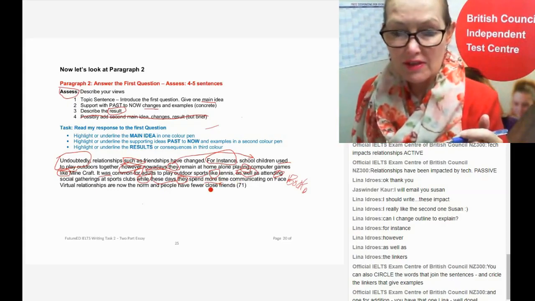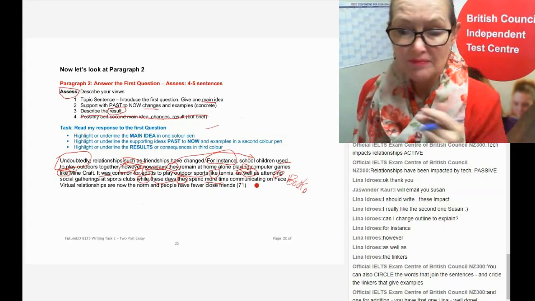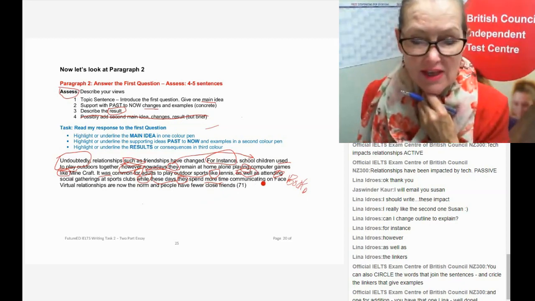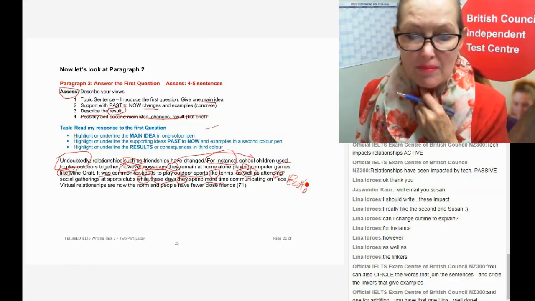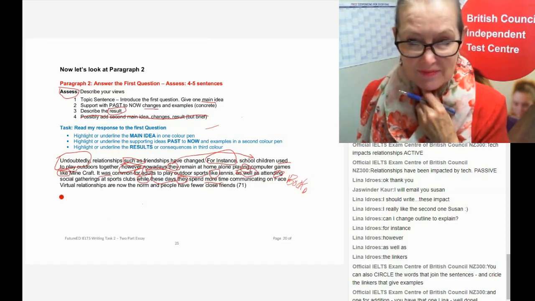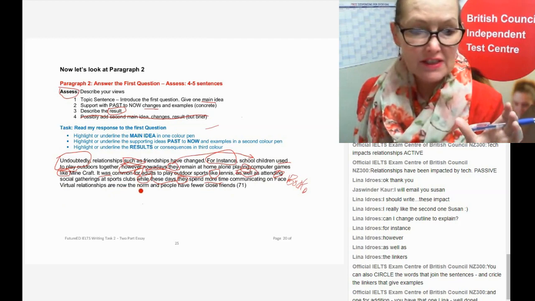And then that linker of addition that Lena mentioned, as well as. And then I'm also going to stay using my gerund. So we're talking about playing and attending. So keeping my sentence structure similar. Attending social gatherings at sports clubs.